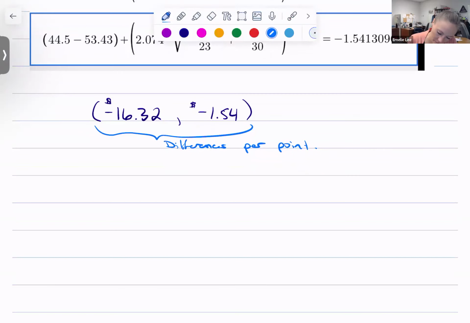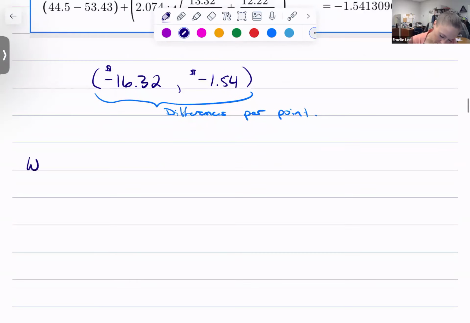Now it's time to interpret this. We use the same interpretation as always for the confidence interval. We are 95% confident, right? That's always our start, or 99, whatever you made.